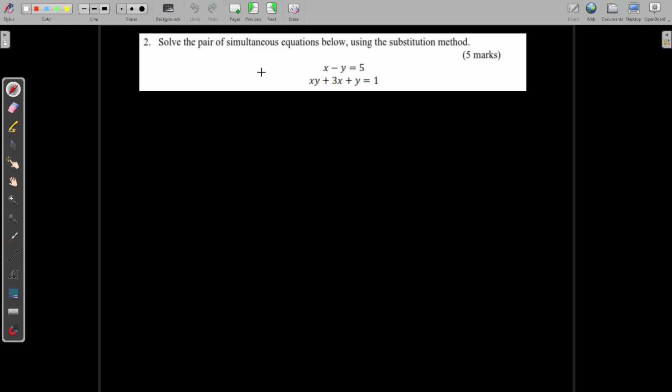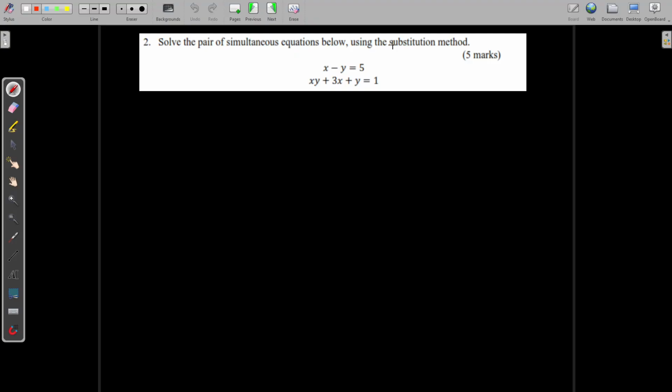So this question is a system of equations where we're going to be ending up with a nonlinear or a quadratic per se. So when given a question like this, we need to look at how we can go about getting this to be one equation.